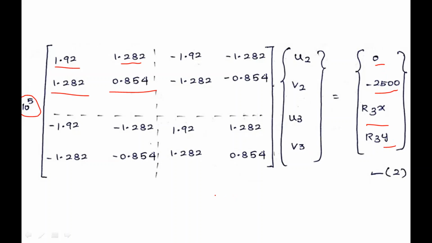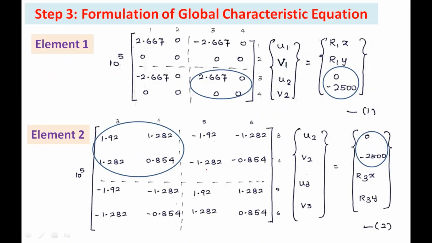We have to formulate the global characteristic equation. For easy understanding, again I am showing element equation 1 and element equation 2 here. When you assemble the two element characteristic equations, the best way of assembling is to use numberings like this. These numbers are called row numbers and column numbers, to indicate the elements of the matrices. In the first equation, we have 1, 2, 3, 4, four degrees of freedom.